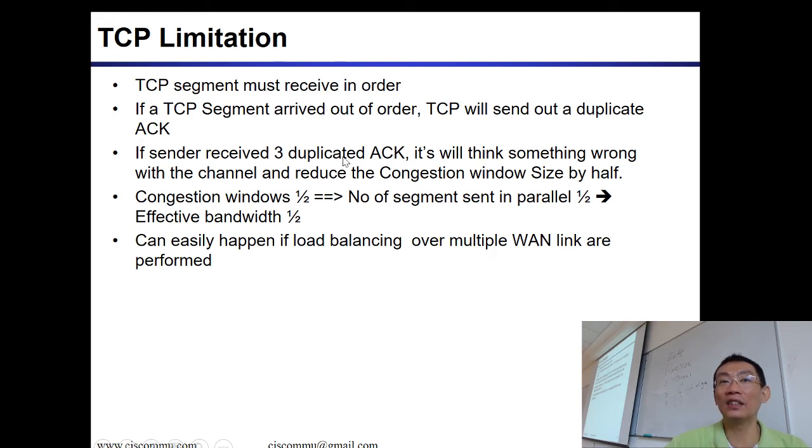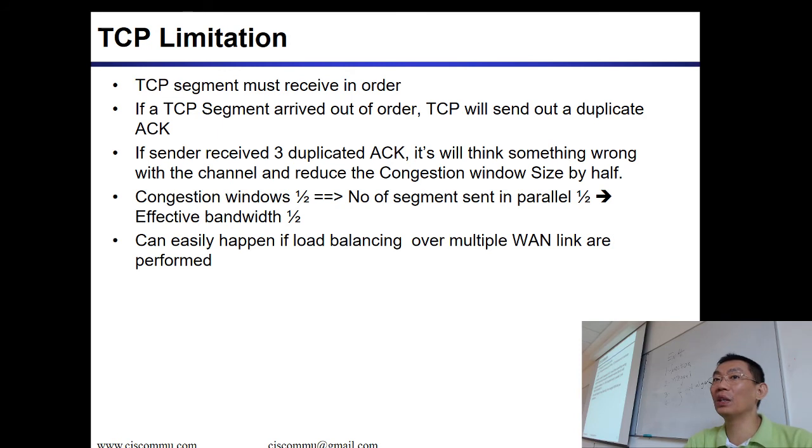If the sender receives 3 duplicate ACKs, it will think something is wrong with the channel and reduce the congestion window size by half. If the congestion window size is half, the number of segments sent will be half, and the effective bandwidth will be half.